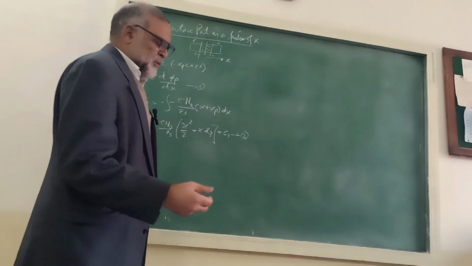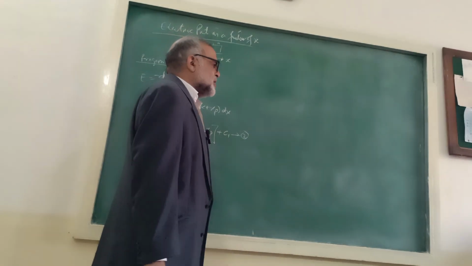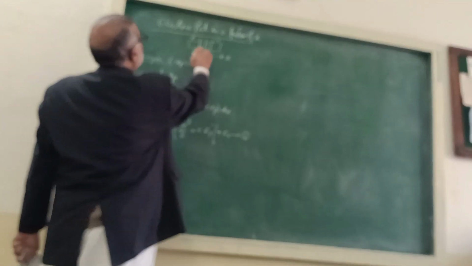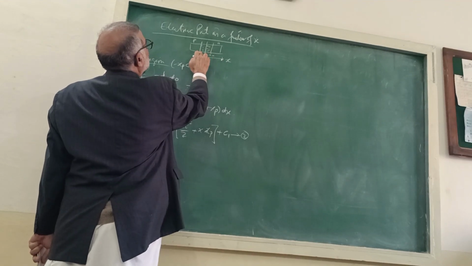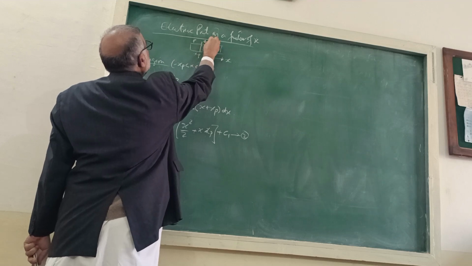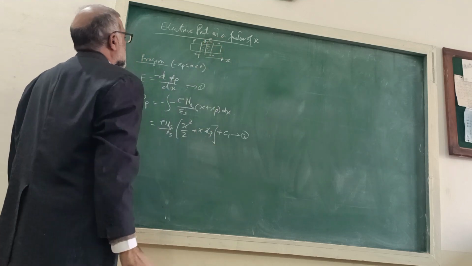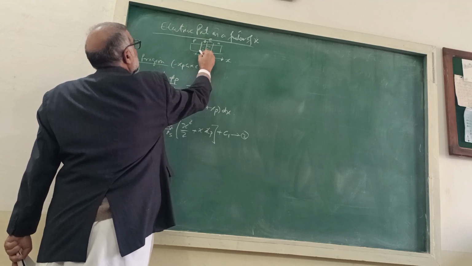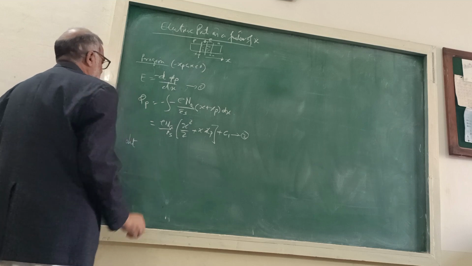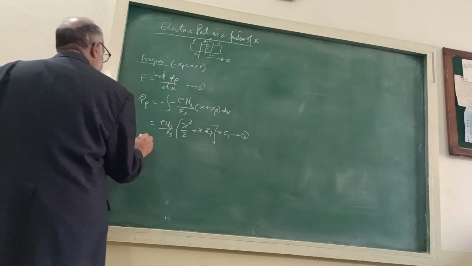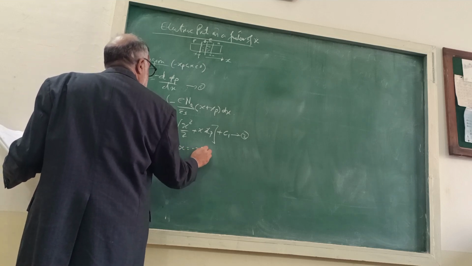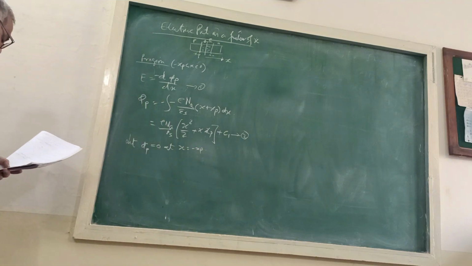The potential difference is more important than the potential itself. So let us take the potential here as 0. The field direction is this. So let the potential at this point be equal to 0: phi p is equal to 0 at x equal to minus xp.